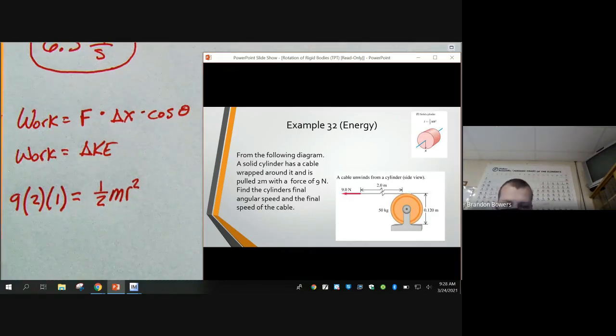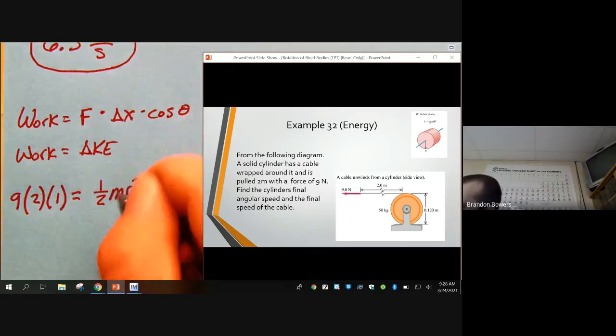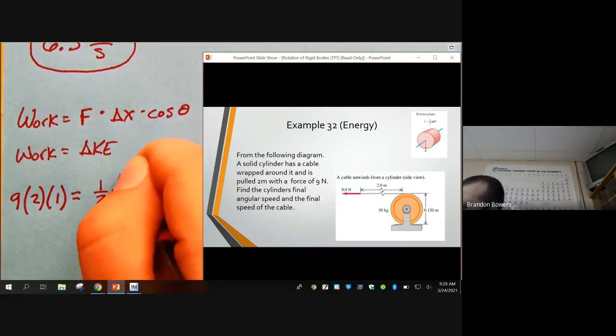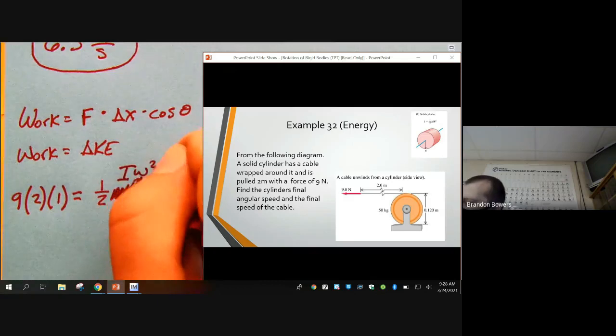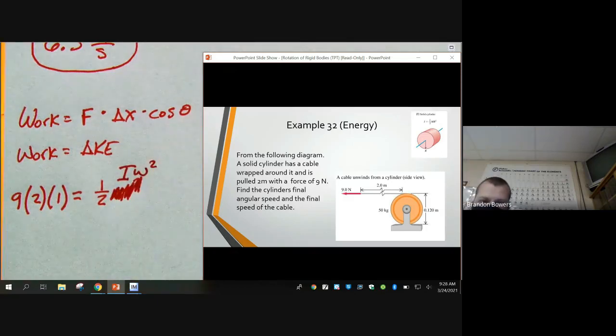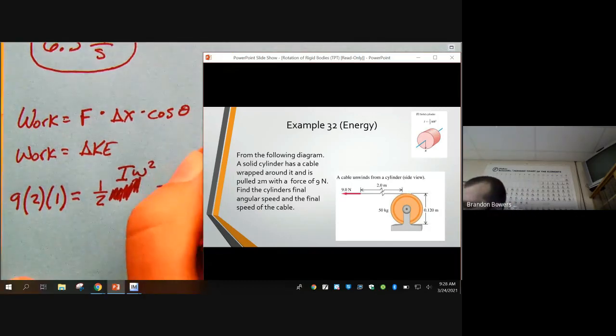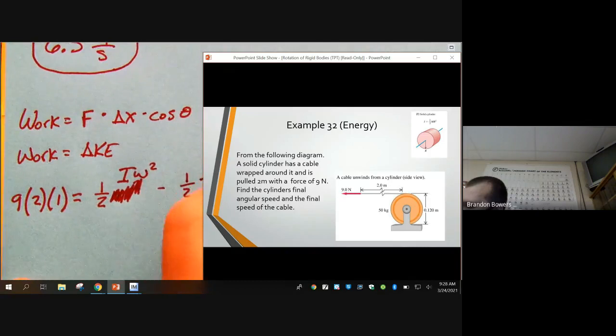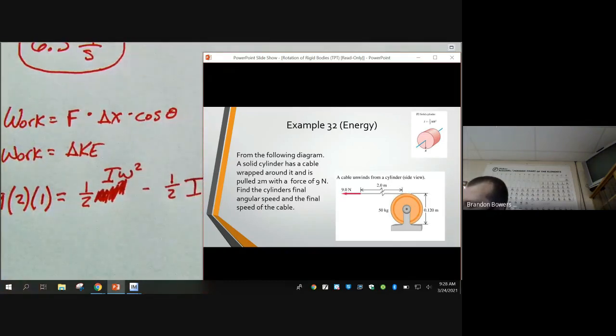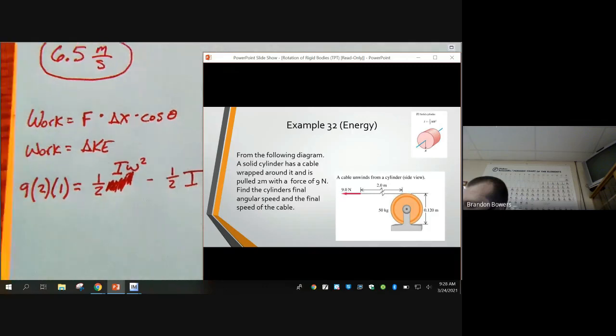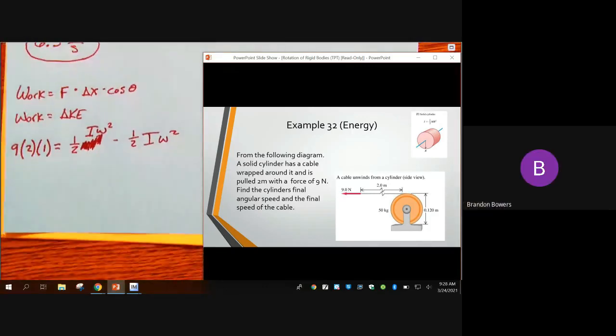Yes, you're right. So 1/2 inertia omega squared. Okay, that was my bad. Minus 1/2 inertia omega squared. Let me zoom out a little bit. Okay, so there's a start to our problem.